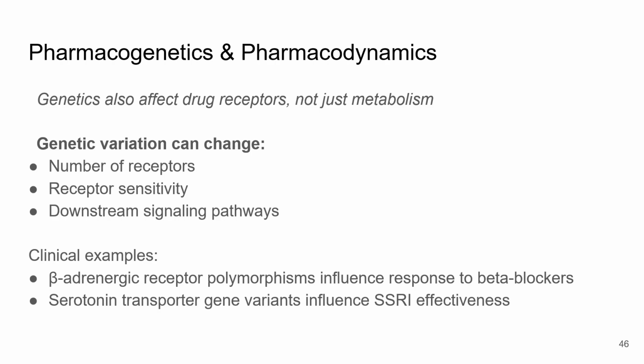Similarly, serotonin transporter gene variants can influence the effectiveness of SSRIs in treating depression and anxiety. That's why one SSRI will work well for one patient, but not for another. So genetics affect both how drugs are processed and how they work at their target, which is another reason individualized therapy matters so much in clinical practice.